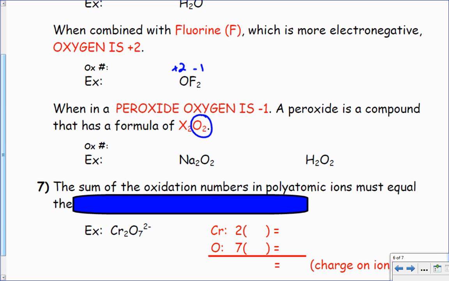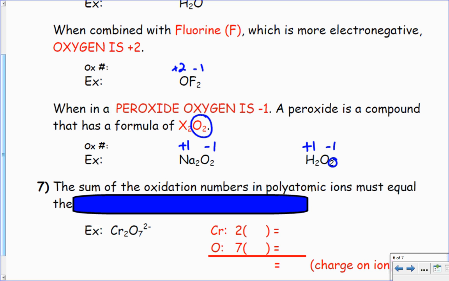Here I see the O2, so that's a ding, ding, ding. It's a -1. 2 -1s is a -2. Na is a +1. 2 +1s is a +2. Same thing here. Oxygen is going to be a -1 because of the 2. I have 2 of them, so the total is -2. I need the total positive charge to be +2. So hydrogen is a +1.